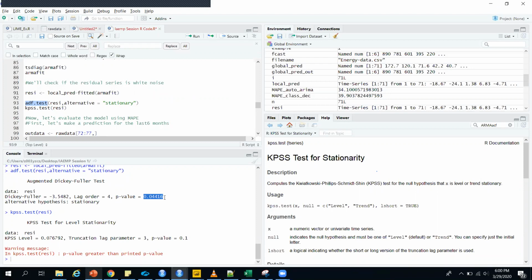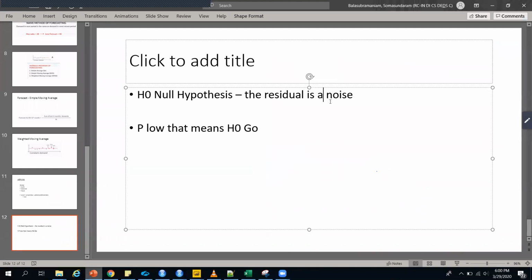That means my null hypothesis cannot be supported with evidence. Sorry, here the null hypothesis is that it is not noise. It is like saying this particular person is not a criminal, which is the null hypothesis when a person is taken to court. The alternate is that there is enough evidence to prove that this person is a criminal.